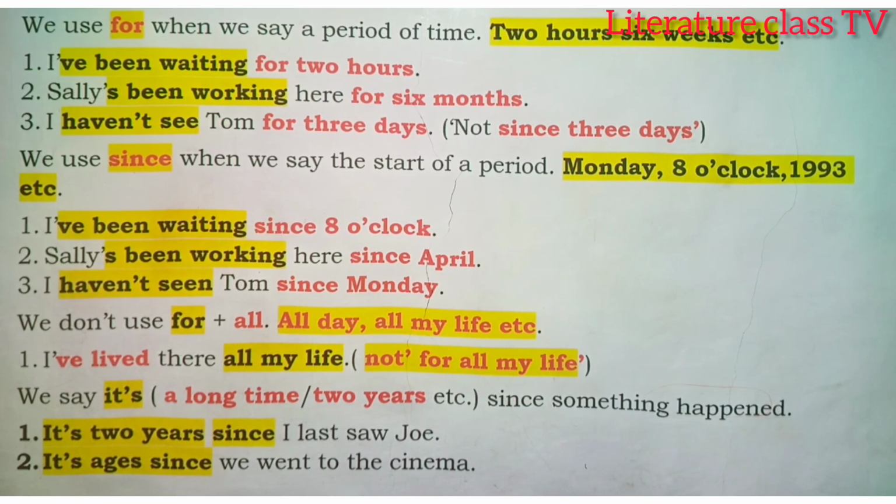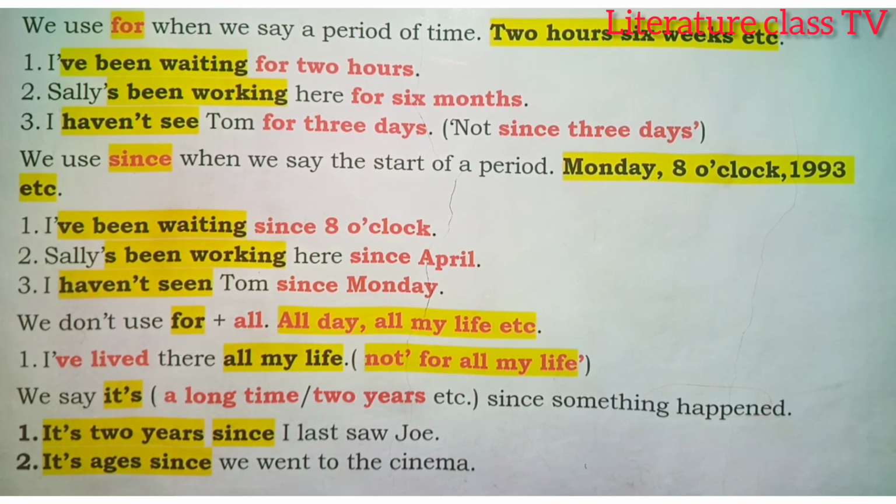Example 3. I haven't seen Tom since Monday. This means that I haven't seen Tom from Monday up to the time of speaking. Notice, we don't use for plus all.